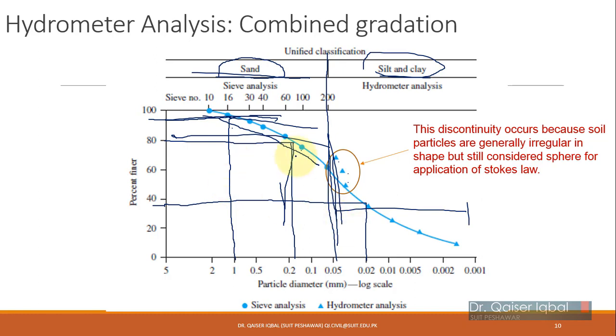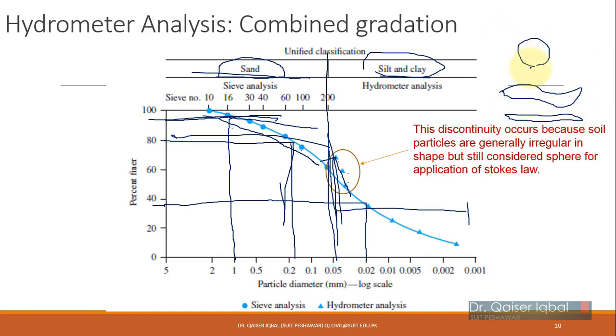Also remember, when you plot the combined gradation graph, you will see there will be some small kink over here, and they will not actually start from the same point. The graph will show you that the particle sizes coming from hydrometer analysis will be slightly towards the right of the graph in this case. This discontinuity is because of the irregular shape of the soil particles, because we have considered the soil particle to be a sphere, while in reality the soil particles are basically flaky in shape and sometimes needle-like.